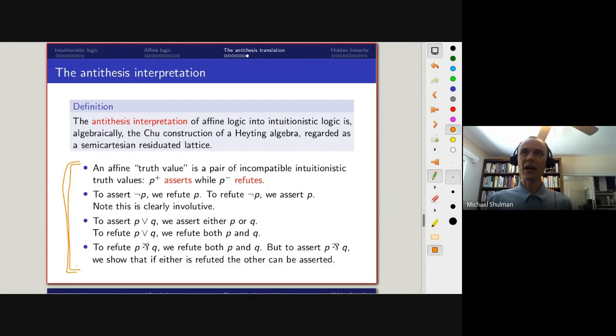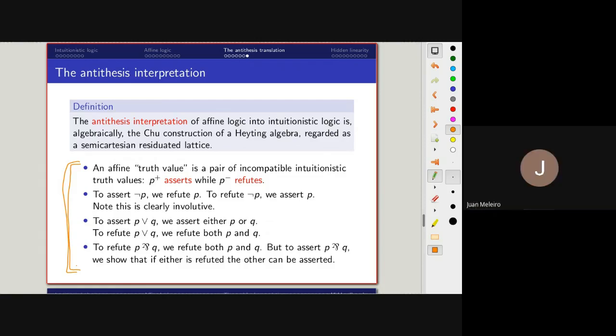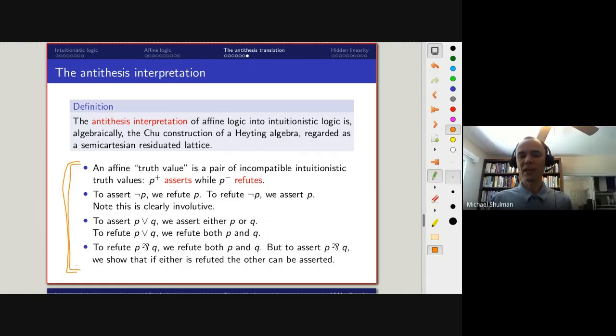So I think this interpretation could be helpful in learning to work with affine or linear logic. But if one really wants to work natively in affine or linear logic without always thinking of it in terms of intuitionistic logic, one eventually is going to have to go a little bit beyond this antithesis interpretation.